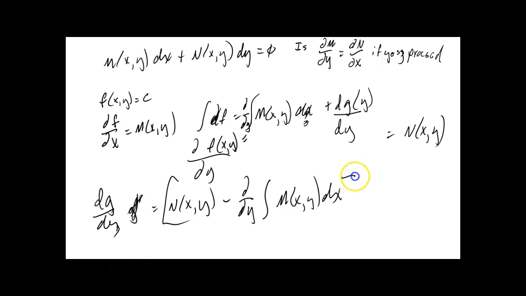Take this thing, multiply it by dy, and then you have dg dy, and integrate that. Now you're integrating with respect to y. Okay? So this is a dy here, and this is basically a double integral of your m of xy. Okay?